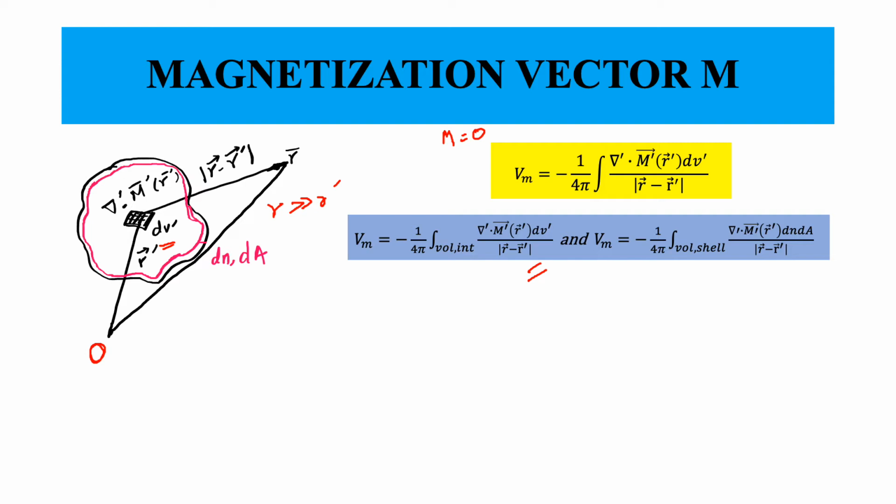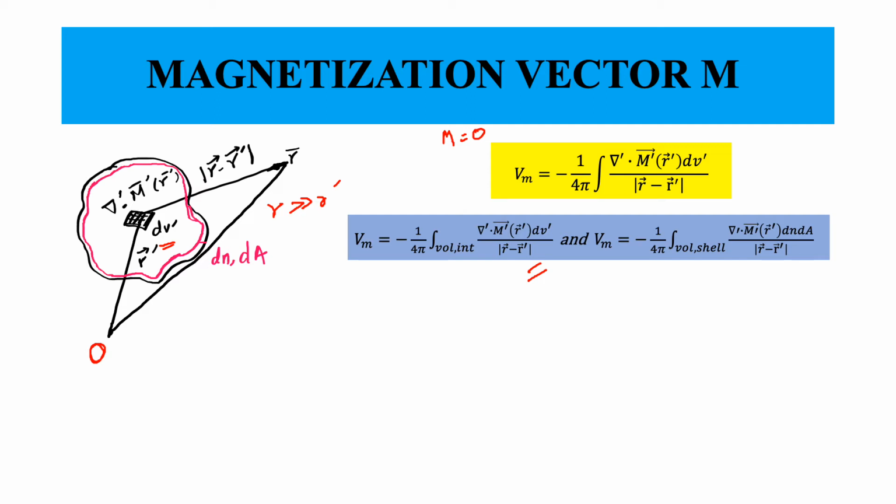Okay, there is no problem here. Here you are looking at the value of del dot M prime at any point r prime, and then you are summing the contribution because of the entire volume magnetic charge density.